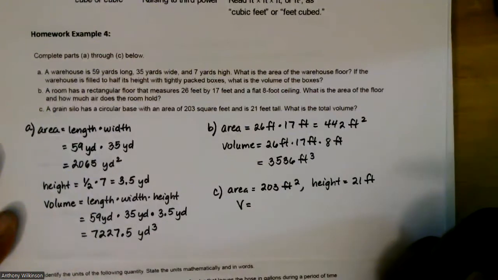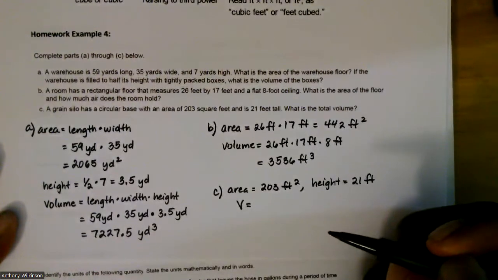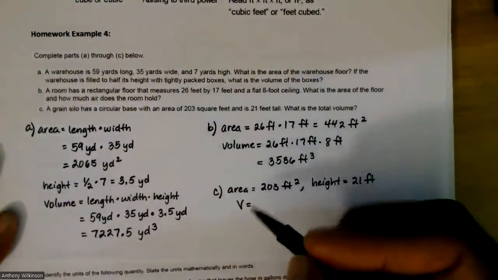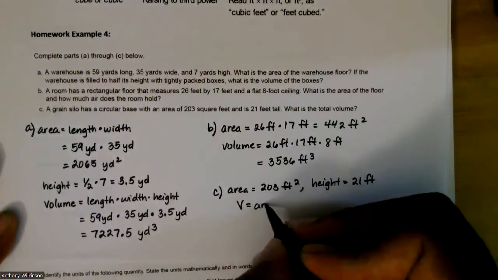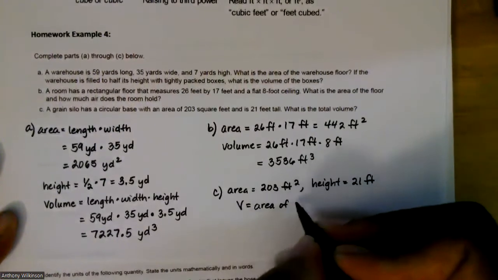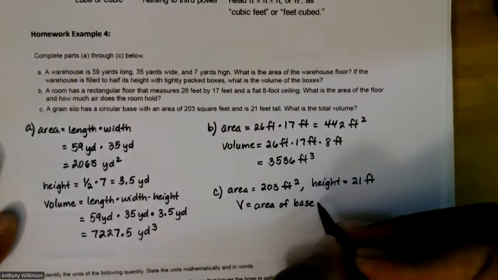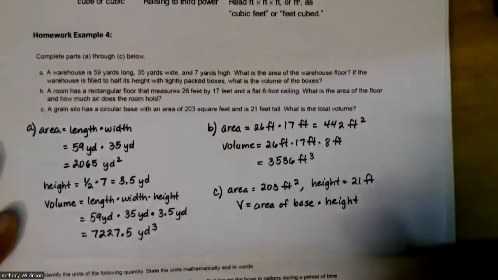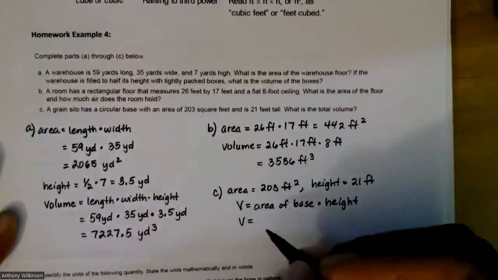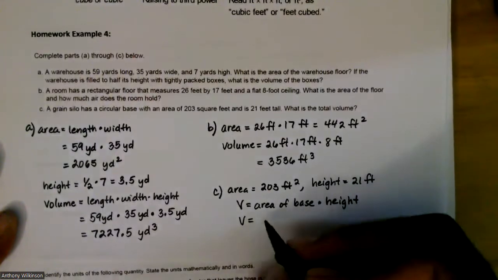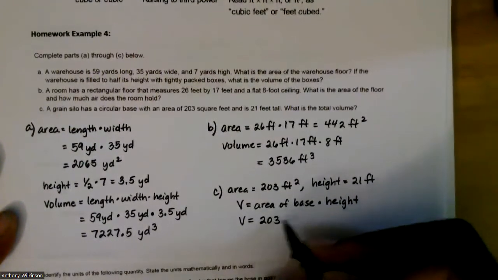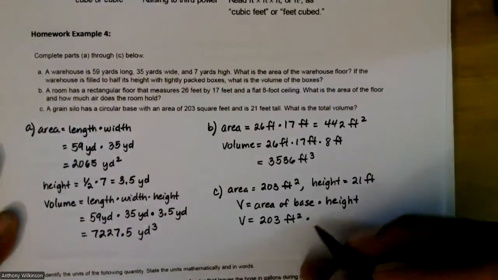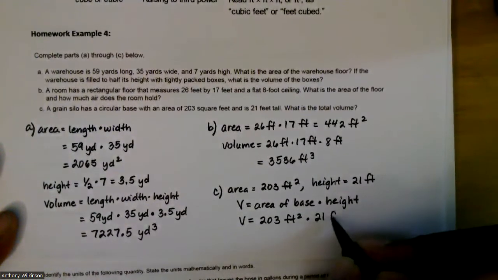Well, there is a formula for the volume of a cylinder, but in this case, we know the area of the circular base. So that's the area of the base times the height, and that will help us find the volume. So the area of the base is 203 square feet times the height, which is 21 feet.